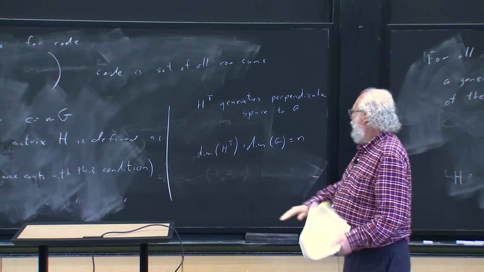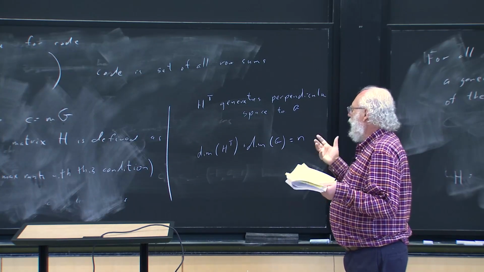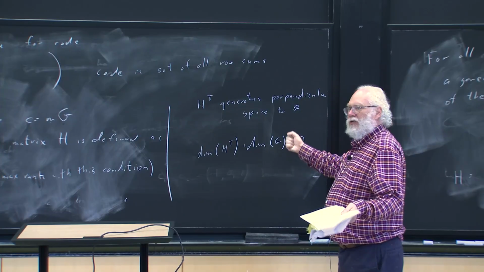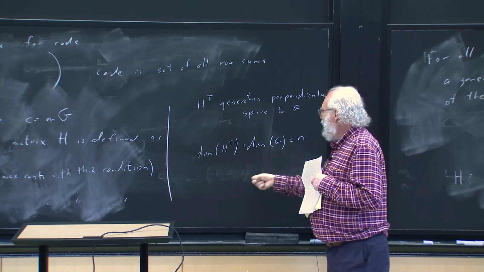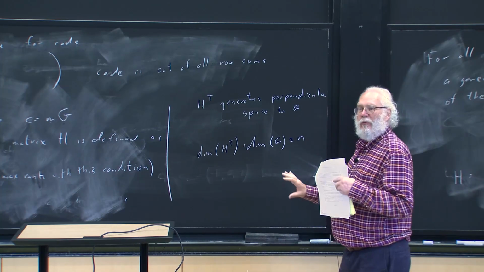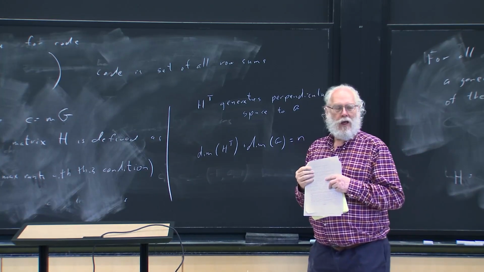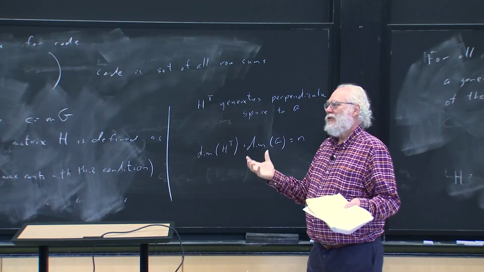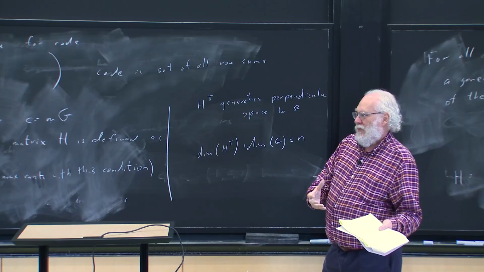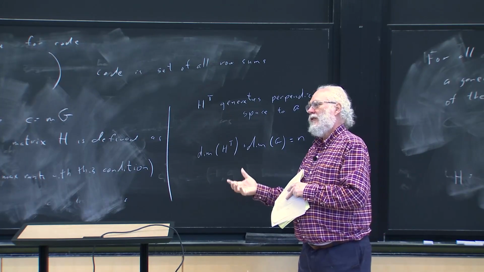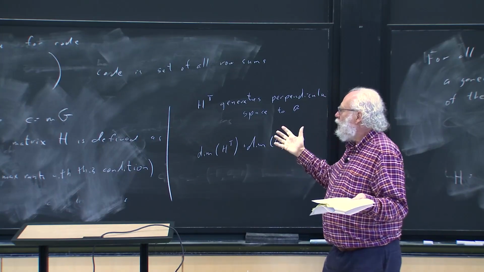And this is true for any linear spaces, even those over finite fields, even though G intersect H transpose might be non-empty. So, you guys are used to thinking of linear algebra over the reals, and then you have a space S and a perpendicular space S perp, and S intersect S perp is just 0. This isn't true here.